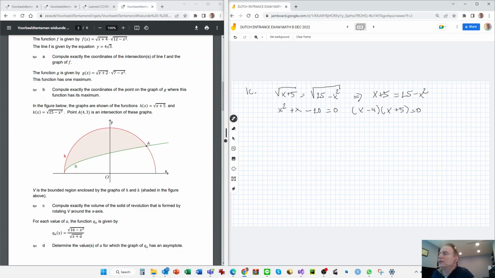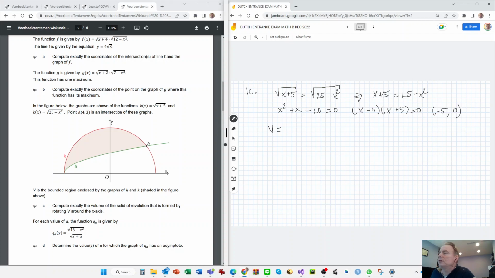We knew already that x is 4 is an intersection. So strange that I give this point, but not this point. But anyway, that other intersection is minus 5, which is the x here, and 0. So now, in order to get this volume, we can just take the volume of k and subtract the volume rotated by h.